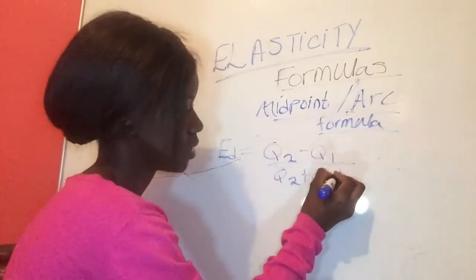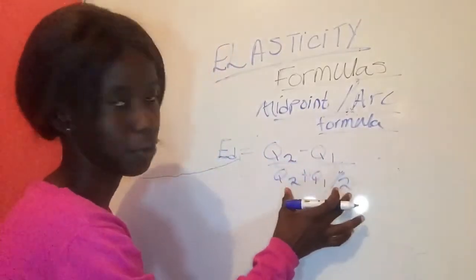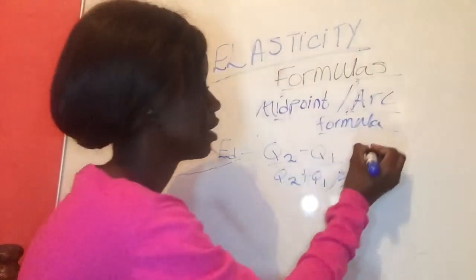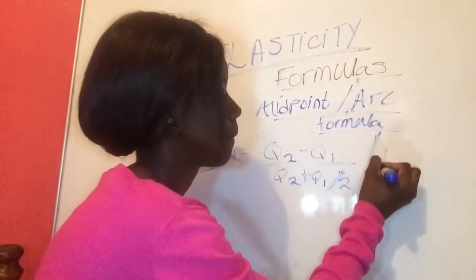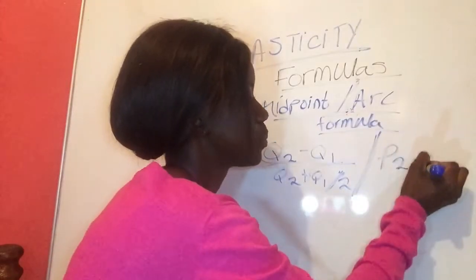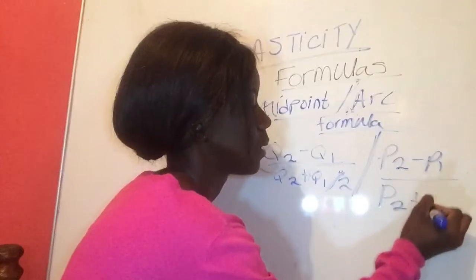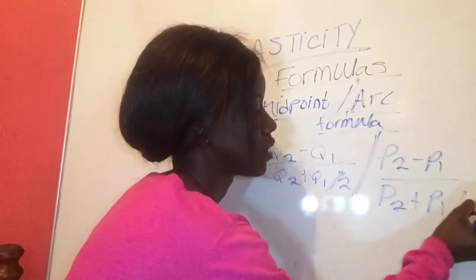This 2 is only dividing the bottom part, that's where the Q is being divided. Then over P2 minus P1 over P2 plus P1 divided by 2.